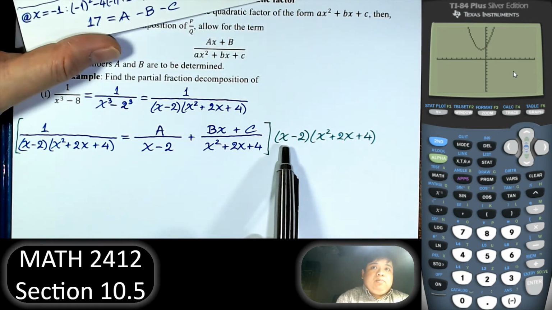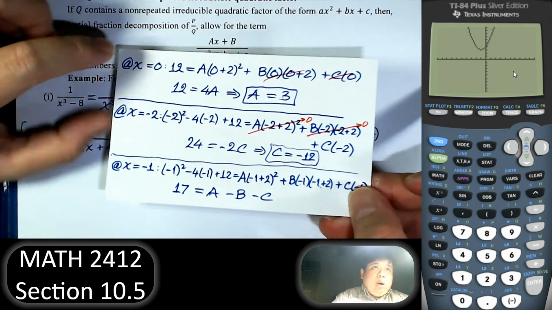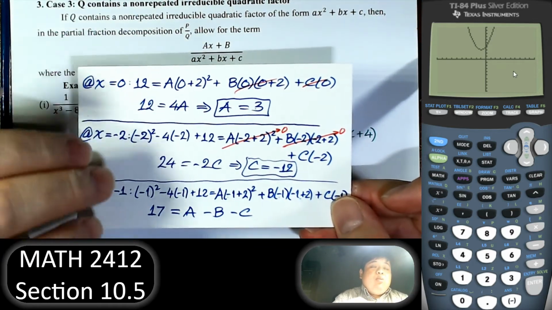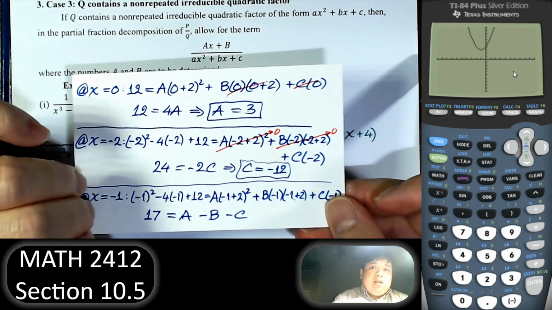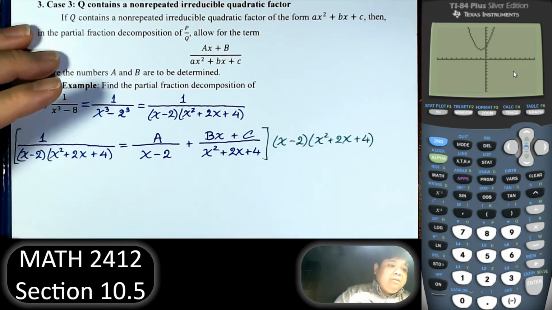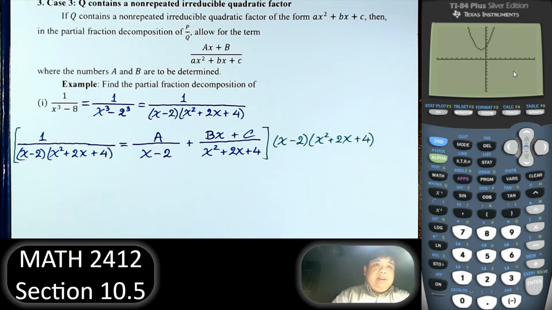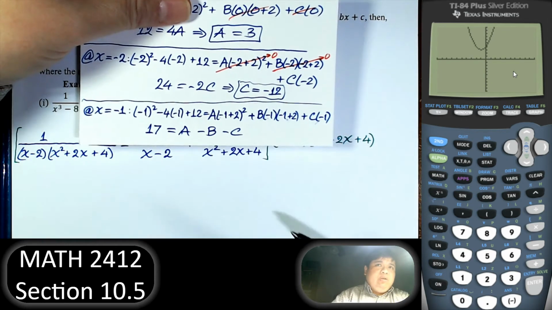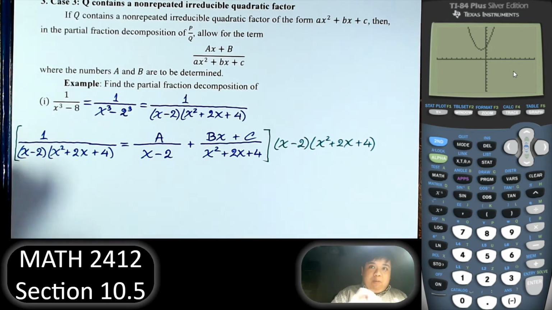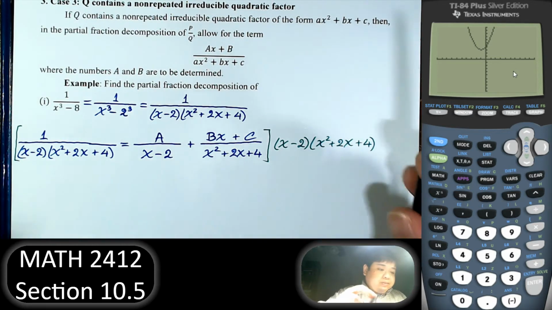It doesn't help much. So the method where we choose some values for x and solve for the coefficients works best if all of them are linear factors and all of those factors are different. If there's repeated, like what we have here, it's not really convenient after all. So that's why we said we just multiply it out, combine like terms. That method always works. Doesn't matter how complicated the factors are.